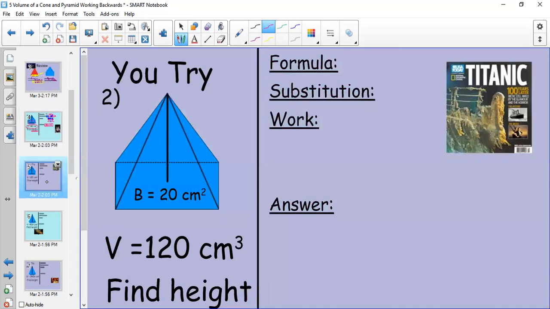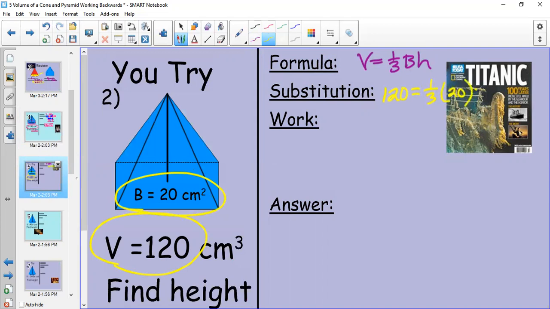All right, so we did one together. Let's see if you guys can do this one on your own. So go ahead and pause, and then I'll go through it with you. All right, let's see how you did. Formula of a pyramid, again, is 1/3 big B H. We're going to plug in what we know. We know volume, which is 120. I'm going to keep the 1/3. We know big B, which is 20, and we are looking for the height. Again, I like to get rid of the 1/3 first by multiplying by the reciprocal, which is 3/1.